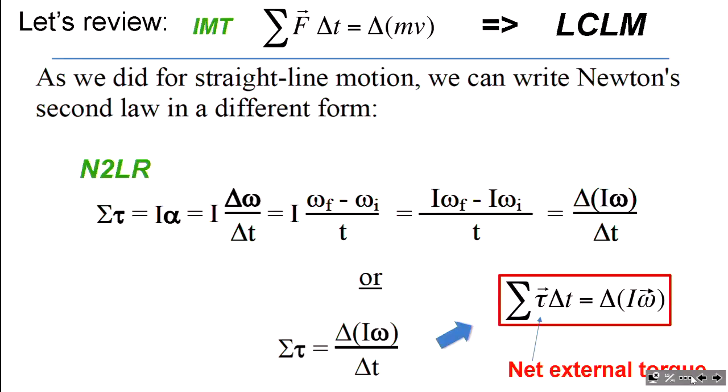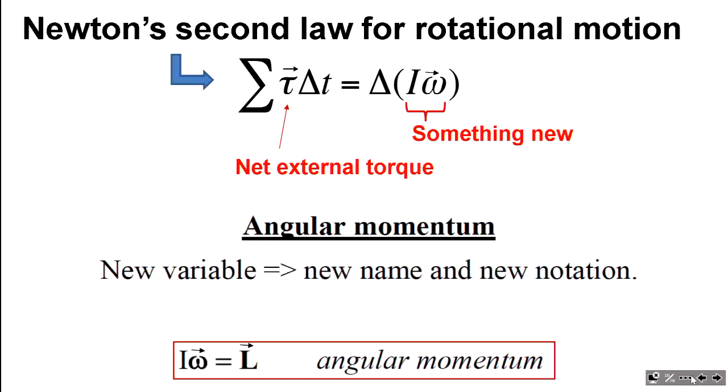Yes. We can use the same type of reasoning to rewrite the Newton's second law for rotation. So that's the net torque, but instead of using angular acceleration, we can switch to velocities over time, and that gives a new kind of variable which is equal to a product of rotational inertia of an object and its angular velocity. m times v, mass times velocity, we used to call it linear momentum.